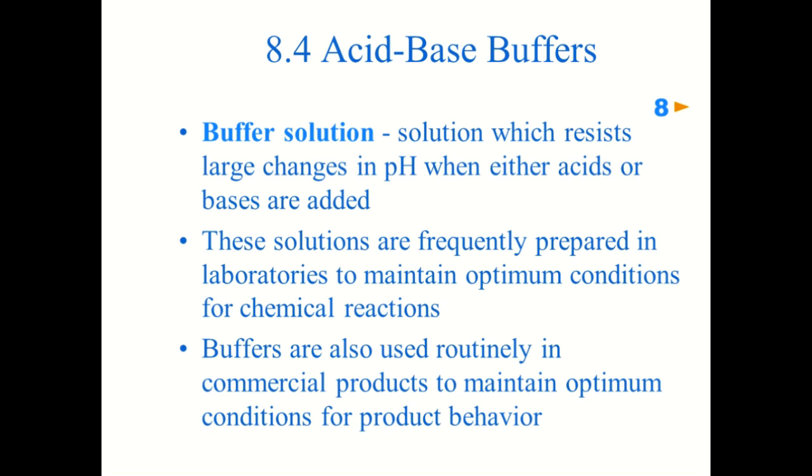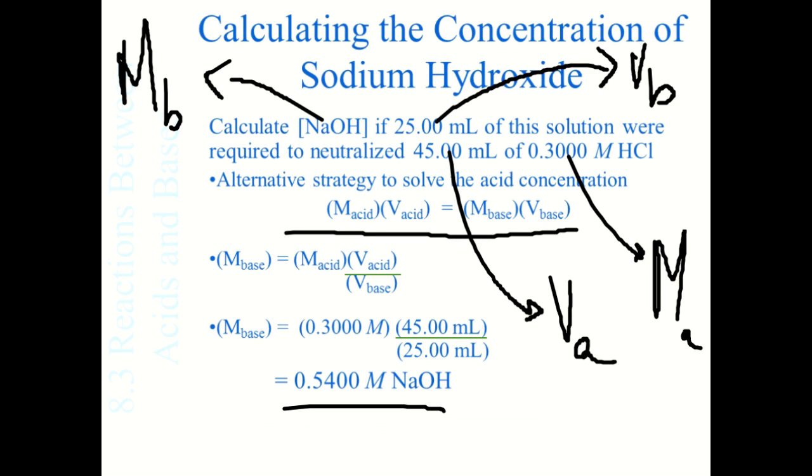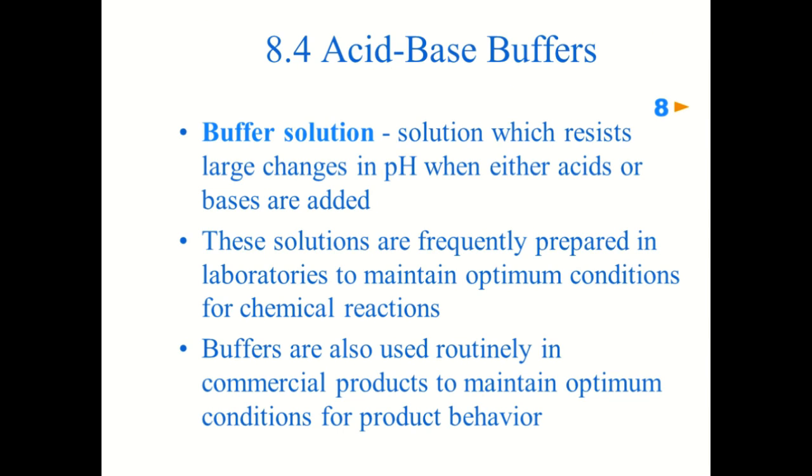That's why we call them buffers. They can absorb the hydrogen ions or the hydroxide ions in solution, and they can make the pH stay the same. We're going to talk more about buffers next class, because I don't have time to do all that. There are not very many slides on buffers on Canvas, but there are a few things in the book that I would like you to know, which I will talk about in class.